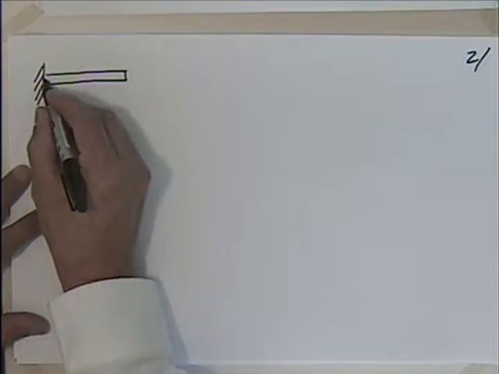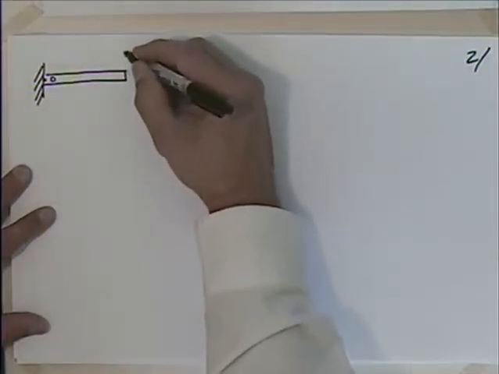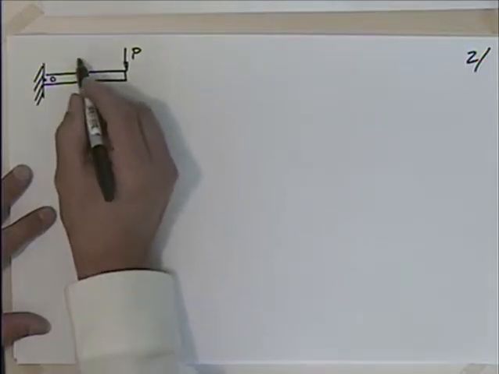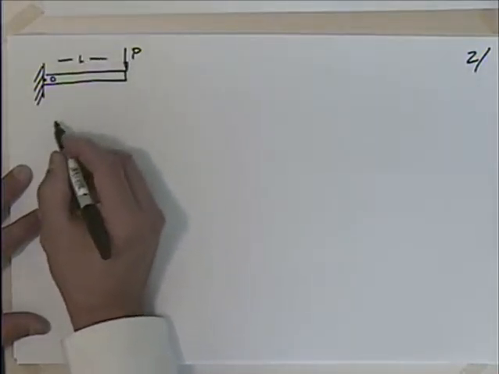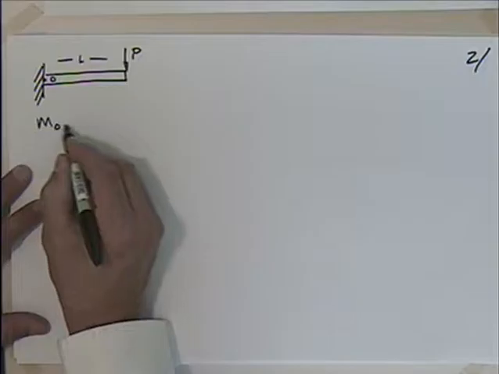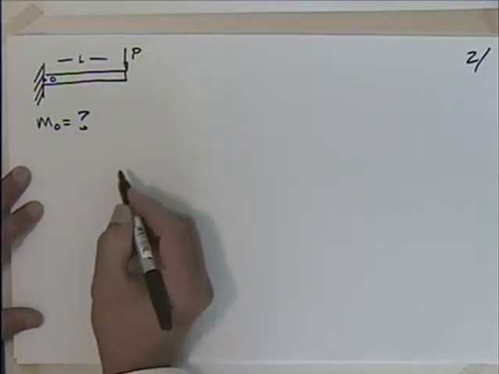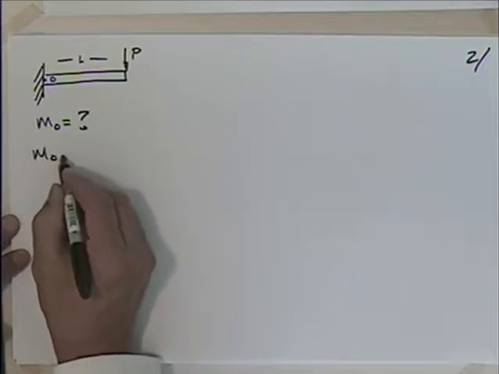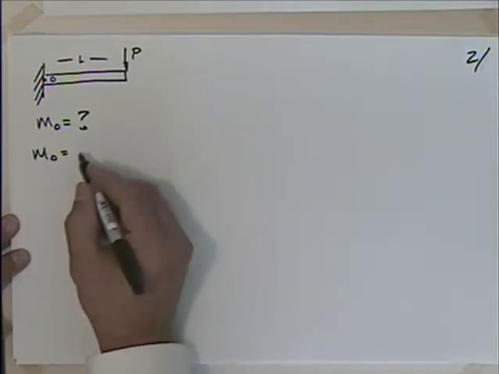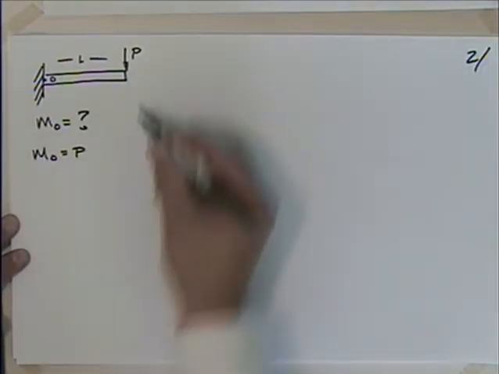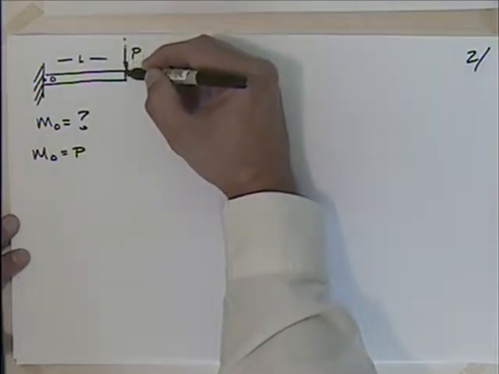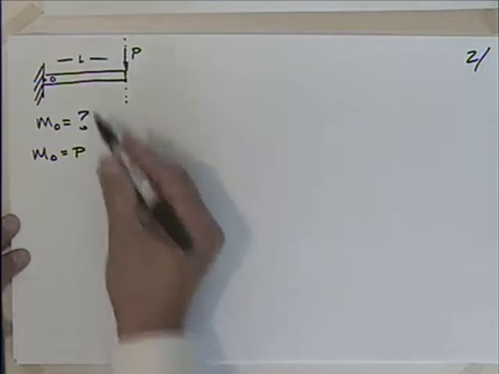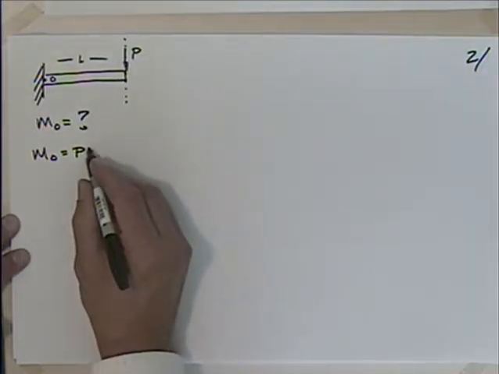And we'll say that we have this point there, O, and we'll apply a force here, say P. We can say that this distance is L. And if I ask for the moment about O here, what is that equal to? Well, we can say that the moment about O is equal to the force, that's P, and you could think of that force acting, shooting through space like an arrow. There's its line of action, and its perpendicular distance is L.